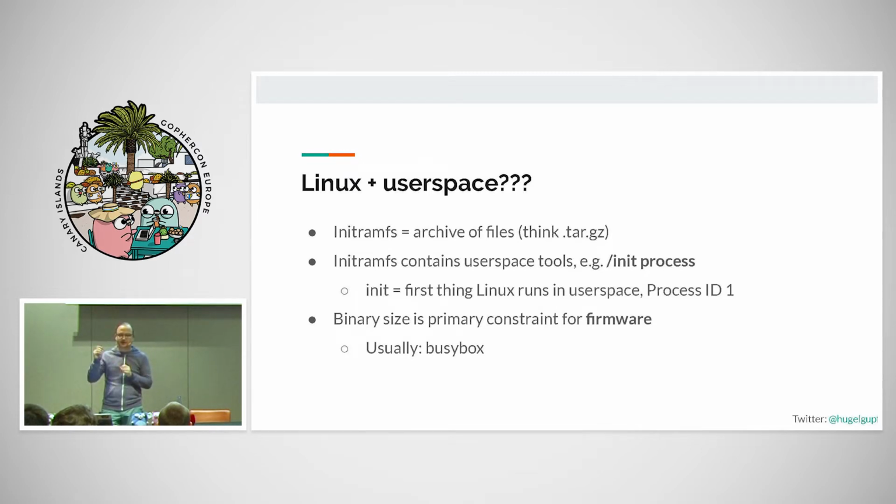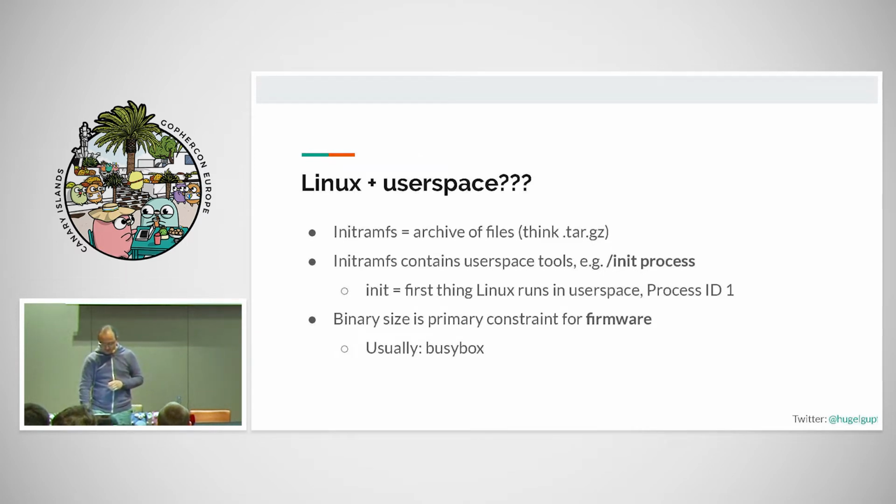And Linux will look at the /init file in that initramfs and try to run it as the first process in user space. Right? That's process ID 1. Usually, because of size constraints, these initramfs are small, and they contain a bunch of tiny C tools, like BusyBox, if you've ever done any embedded development or stuff like that.